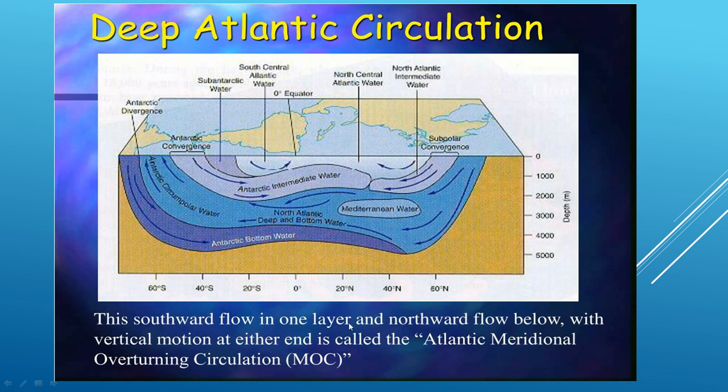Outward flow in one layer and northward flow below with vertical motion at either ends called AMOC. Right? Cool. Southward flow, northward flow. The Antarctic bottom water actually fills in a lot of the deep ocean, the abyssal area.